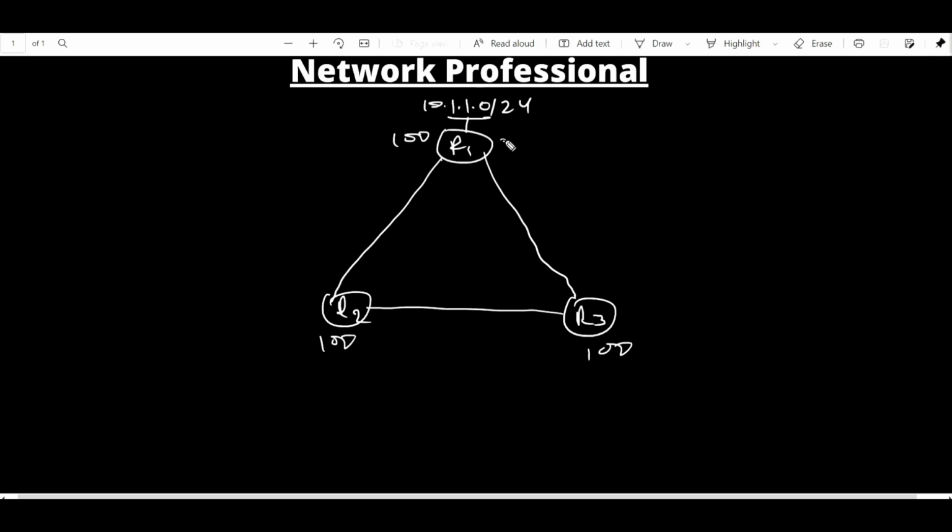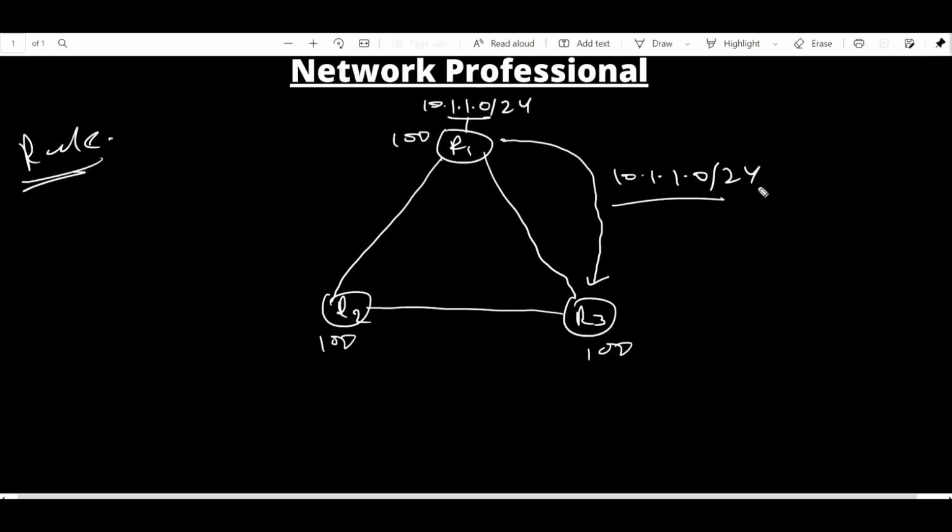Okay, so now this router will advertise this prefix, 10.1.1.0/24, to R3, right? Now there is one rule. The rule is this: whenever a router receives a prefix from an iBGP neighbor, from an iBGP router, then the router will never share that prefix with another iBGP neighbor. That means if R3 is receiving this prefix 10.1.1.0/24 from iBGP, then R3 will not share that prefix with R2, because this router also belongs to the same AS.